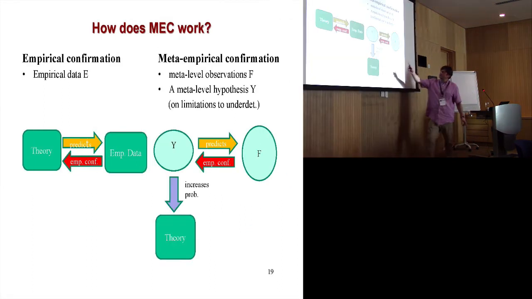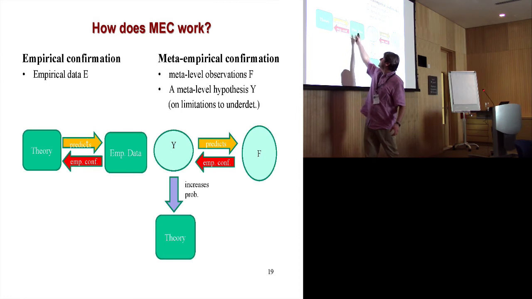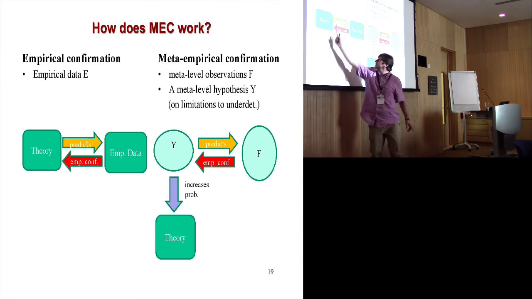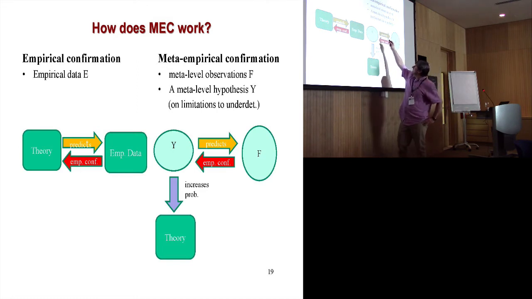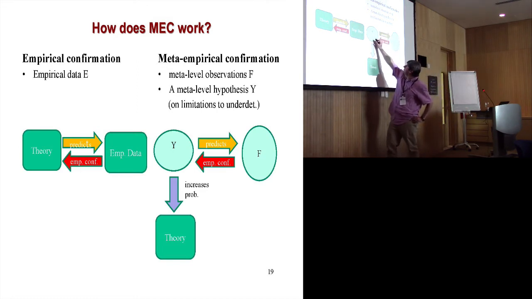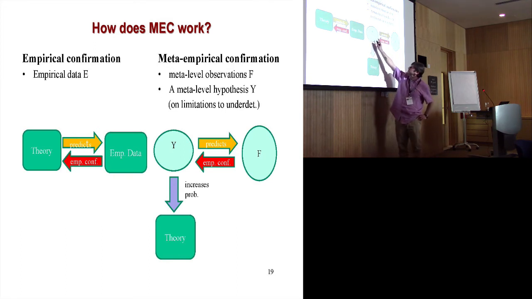While in empirical confirmation you have this relation between theory and empirical data, where the theory predicts the data and the data, if in agreement, provide empirical confirmation, in a pure case of meta-empirical confirmation there is no empirical data. But what you might have is a hypothesis on the spectrum of alternatives. So you say, for example, in the most extreme case, the hypothesis is there are no possible scientific alternatives to the theory I have.